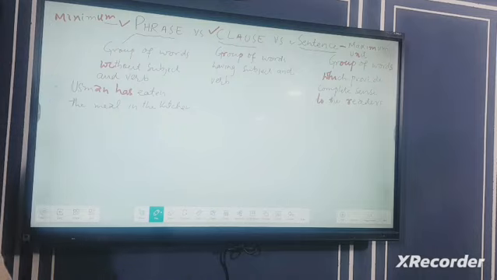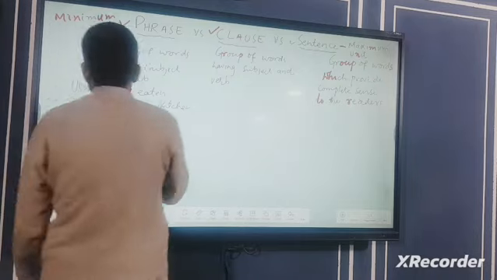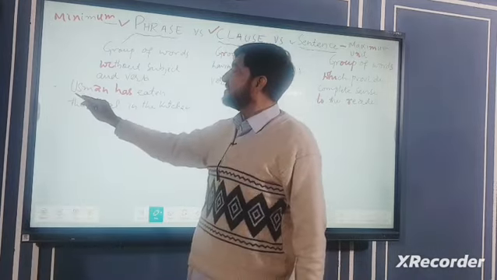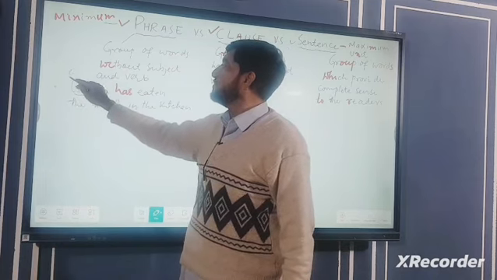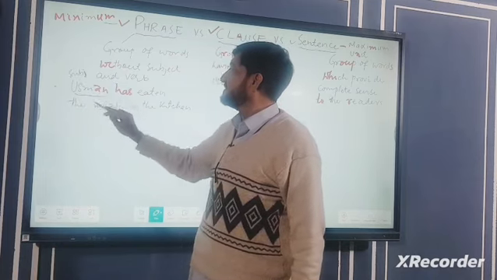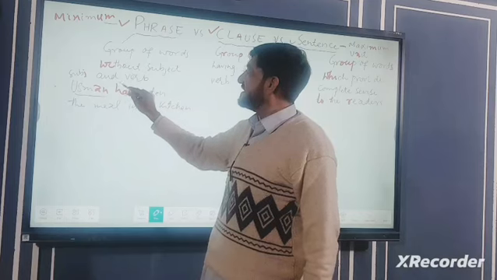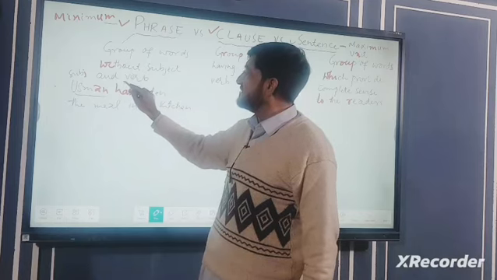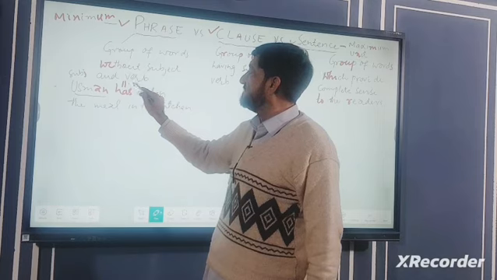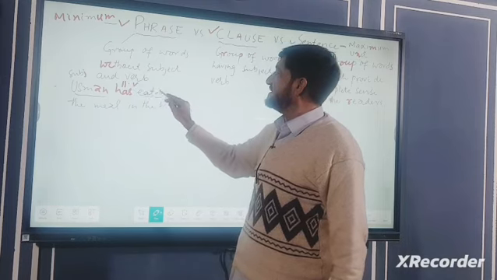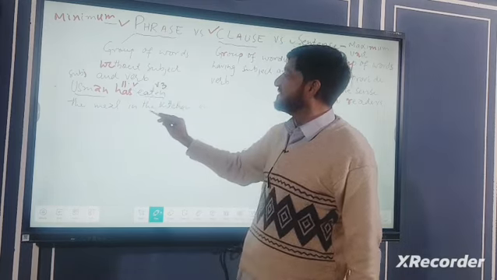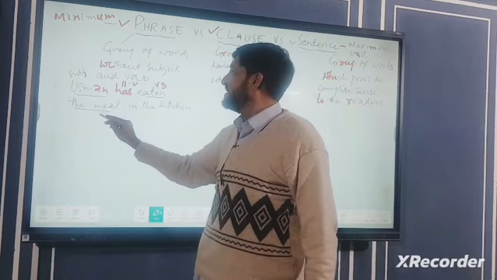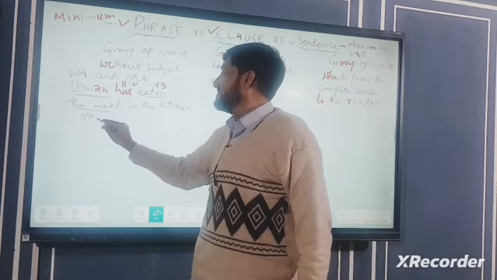So this is a sentence, and in this sentence Usman is known as subject, has is known as auxiliary verb or helping verb, eaten is third form of the verb, and the meal is the object.